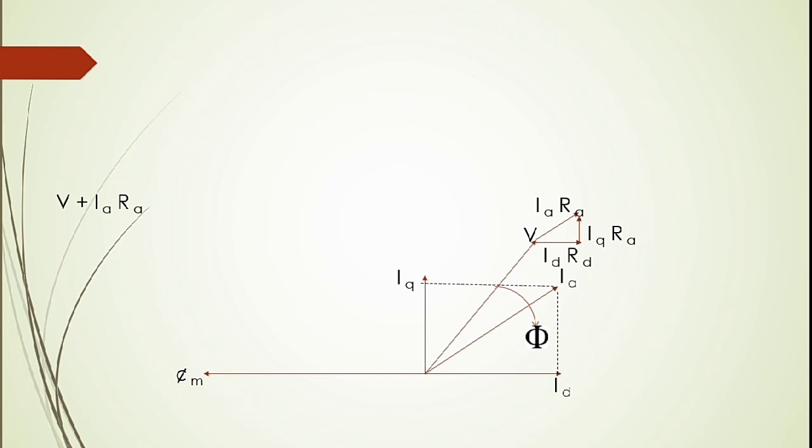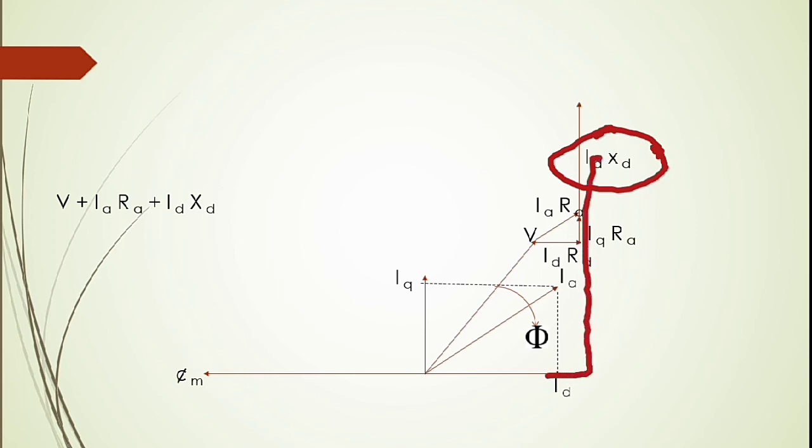The next one is IDXD. So why does IDXD go upward? Because for IDXD, first we have to find out where ID is. So where is this ID?